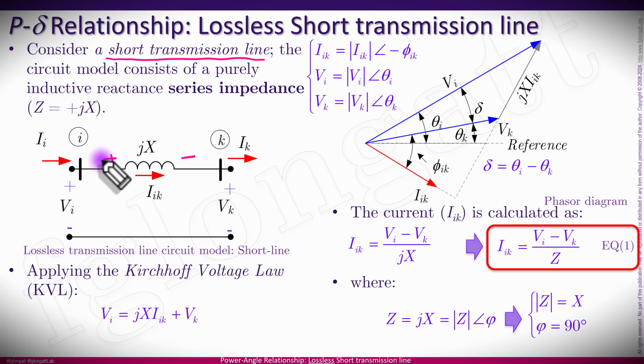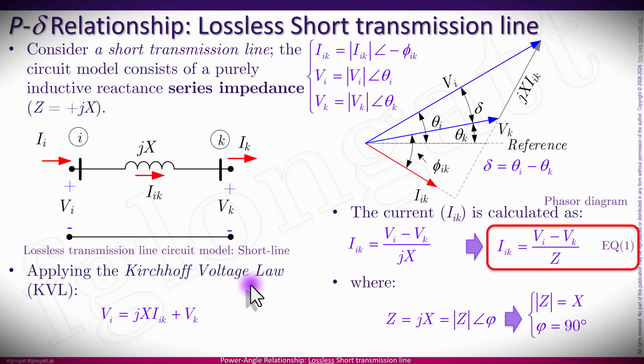You must remember this circuit model is a single phase, that means line to neutral model, representing a classical three-phase transmission line. The terminal I represents the sending terminal, and the terminal K represents the receiving terminal. So this circuit represents basically the behavior of this lossless transmission line, and this is the short model.